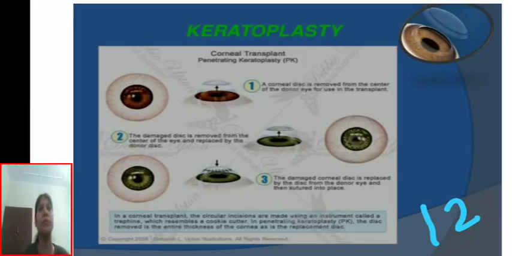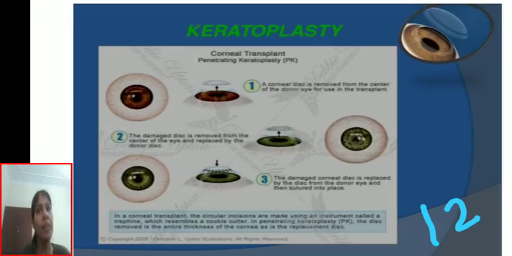Number one, a corneal disc is removed from the center of the donor eye for use in the transplant. Second, the damaged disc is removed from the center of the eye and replaced by the donor disc. Third, the donor disc is sutured into place.